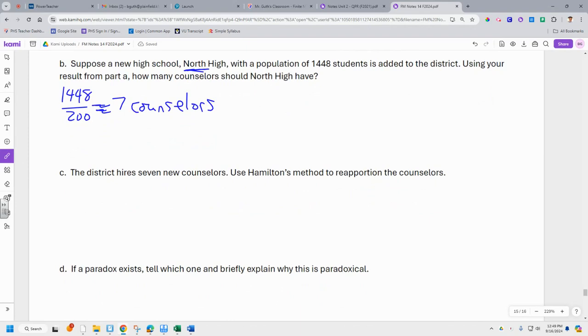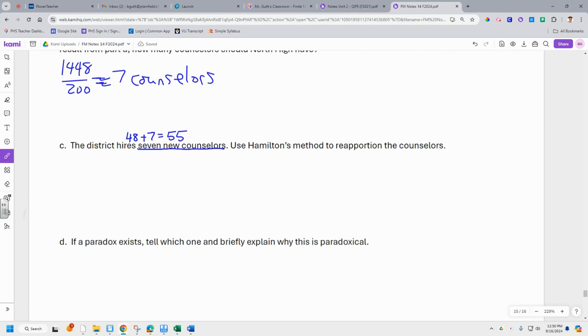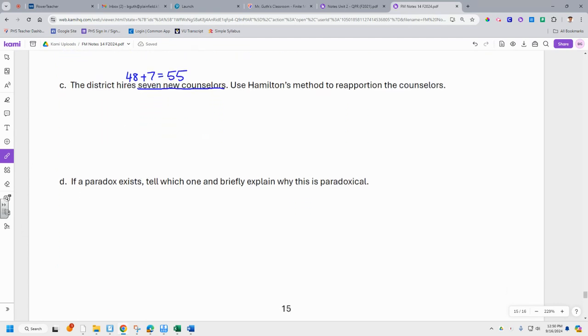Part C says the district hires 7 new counselors. What a coincidence. Use Hamilton's method to reapportion the counselors. So now we have 7 more. There were 48, now there's 7 more. So now we've got a total of 55 counselors. We've got to apportion those 55 counselors. Now I didn't give a whole lot of room here, so make sure you write small. East High had 1688.